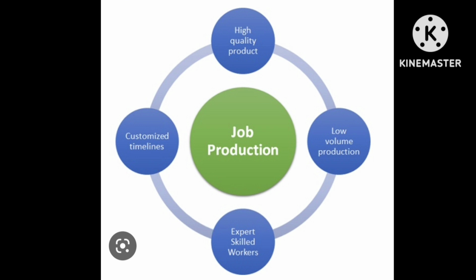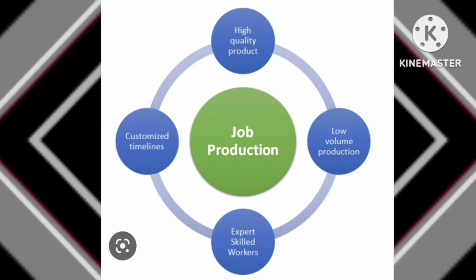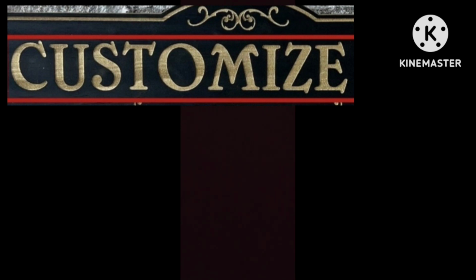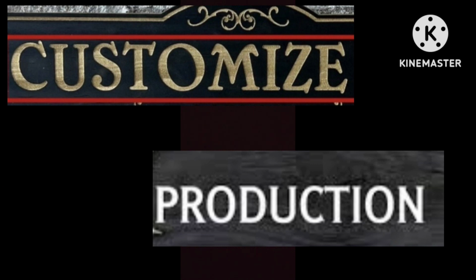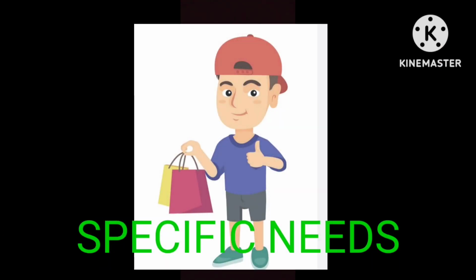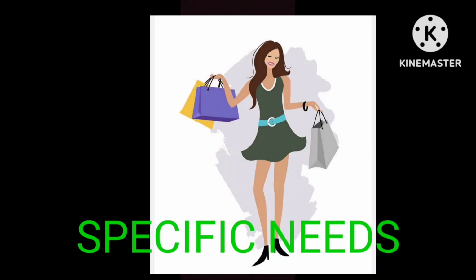Take note, those are the keywords for job production. Number 5, customized production. So from the word customize, it means centers around the production of smaller quantities of a given product to meet a customer's specific needs. From the word specific, because it is being customized.